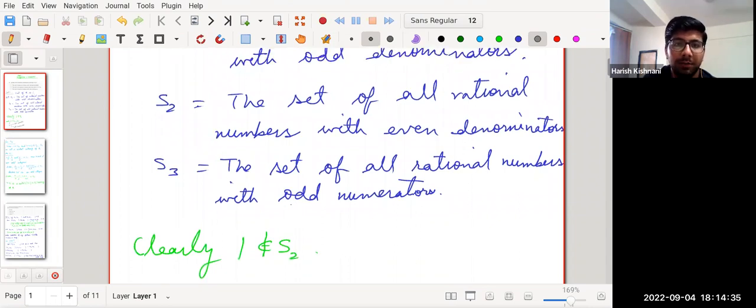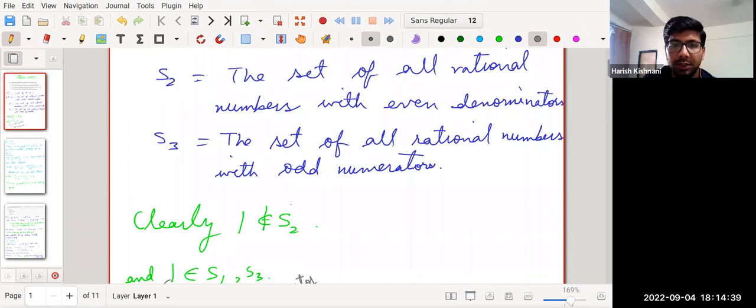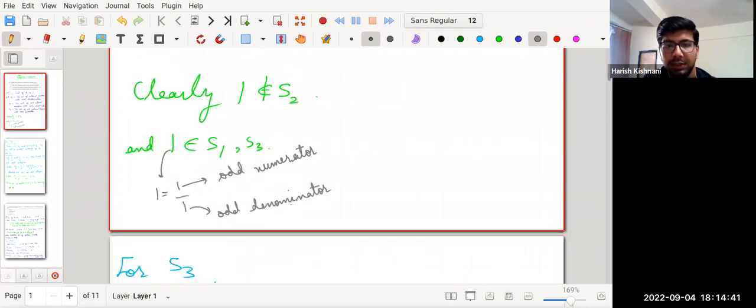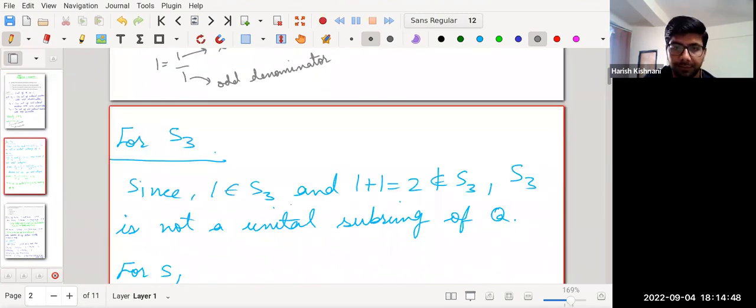Now we have to check whether S1 and S3 are subrings. They are unital subsets of Q, they contain the multiplicative identity, but we need to check whether they are subrings or not. For S3, you can see that it is not even closed under addition. We have already seen that 1 is inside S3. If you add 1 an even number of times, it's not going to be inside S3.